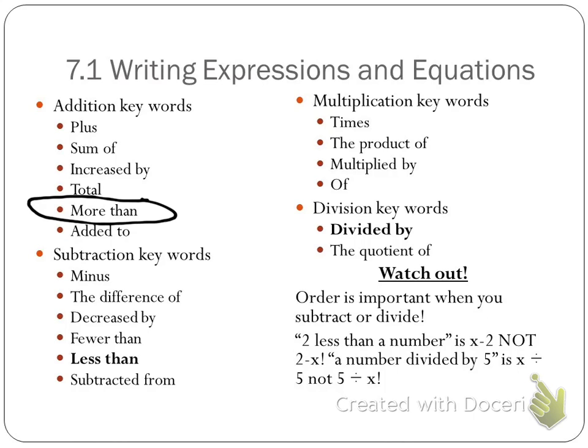Now, there's a couple that I want to highlight, okay? What do these three terms have in common that I just circled? They have the word than, okay? Now, anytime I see these key words, and this will only occur with addition or subtraction, the number that is more than or less than will go second, and you'll see that in the next example that we're about to work.